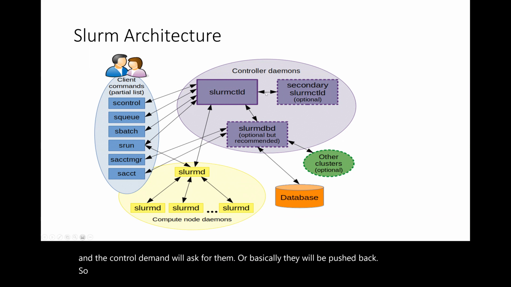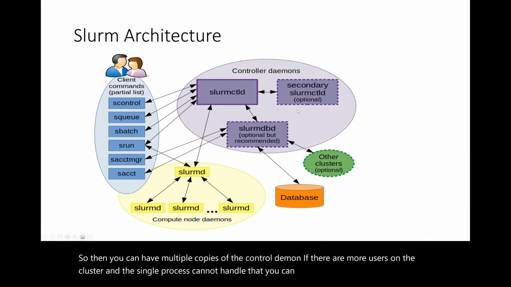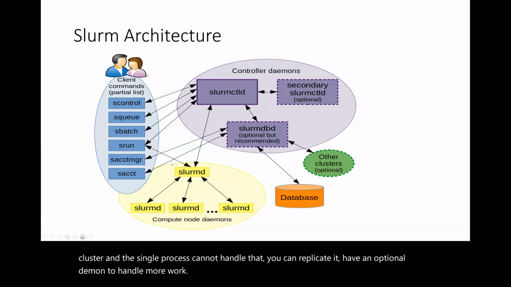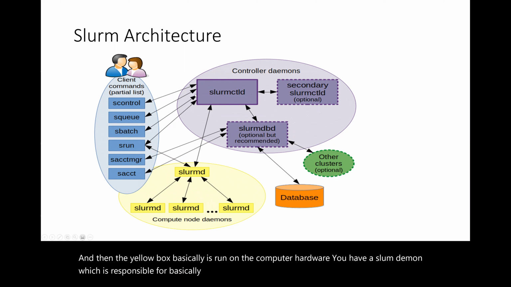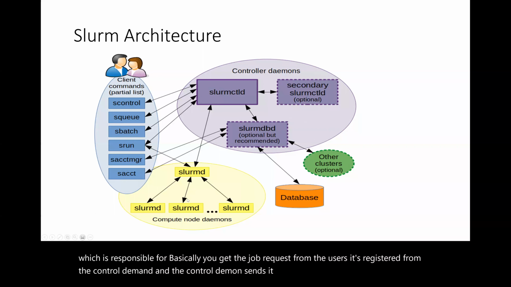Then you can have multiple copies of the control daemon if there are more users on the cluster and a single process cannot handle that. You can replicate it, have an optional daemon to handle more work. And then the yellow box basically runs on the compute hardware. You have a Slurm daemon, which gets the job request from the users. It's registered by the control daemon, and the control daemon sends it to the actual nodes.